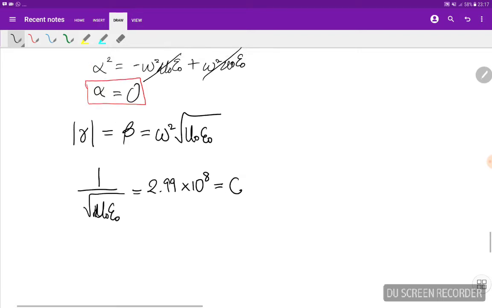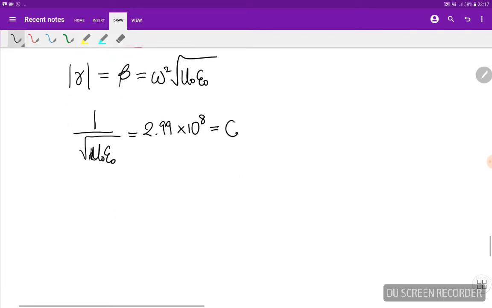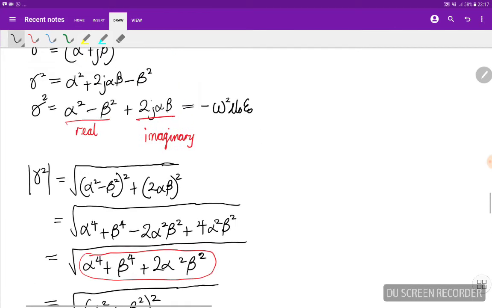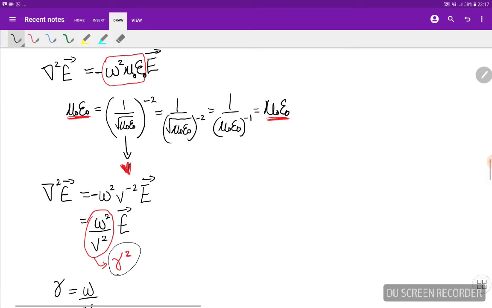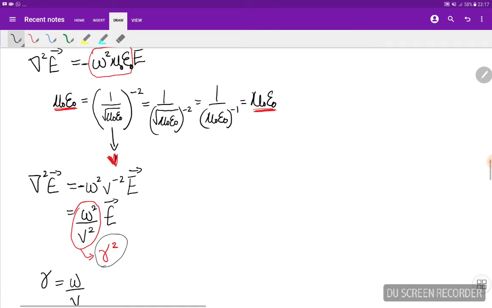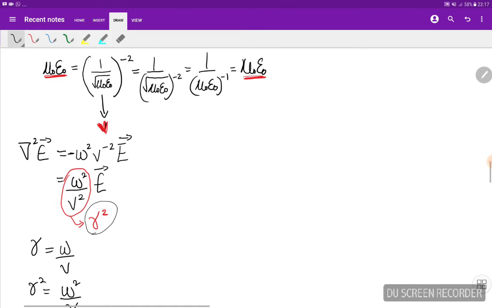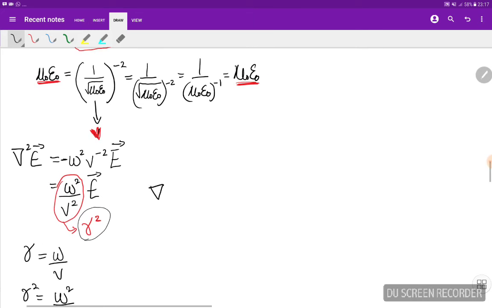So it means that we can replace this 1 over the square root of με, or this v, with c, and we can say that grad squared E is equal to minus ω² over c² E for free space.